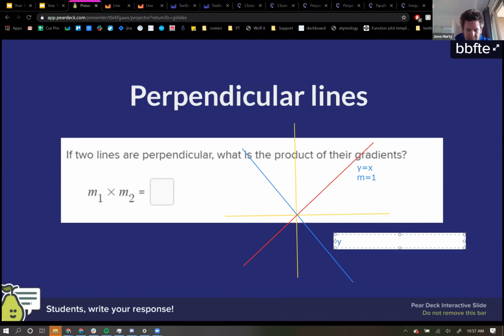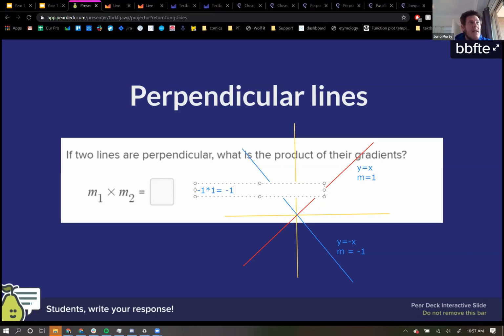If I have y equals minus x, this means m equals minus 1. So if I have minus 1 times 1, I get minus 1 as my gradient. So that means that for any two perpendicular lines, the product of their gradients must always be minus 1.